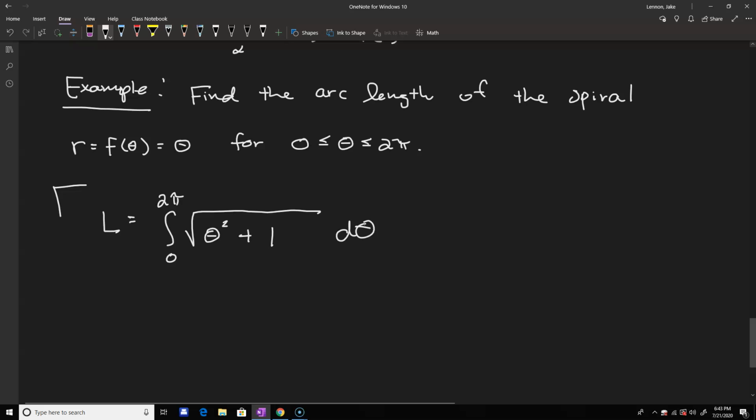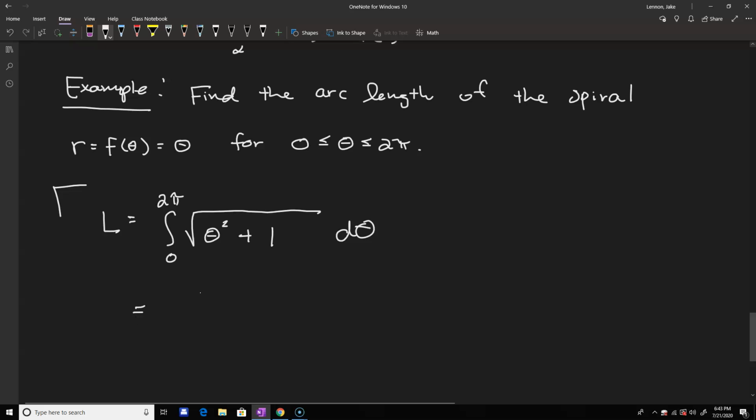And for this one, remember, if you have the square root of theta squared plus 1, you can either look it up using a table or using the trigonometric substitution. So I'm going to go ahead and just use the table. If you want to recall trigonometric substitution, you can go back and apply that method as well. Again, remember, it's typically just taking advantage of the Pythagorean identity in one form or the other.